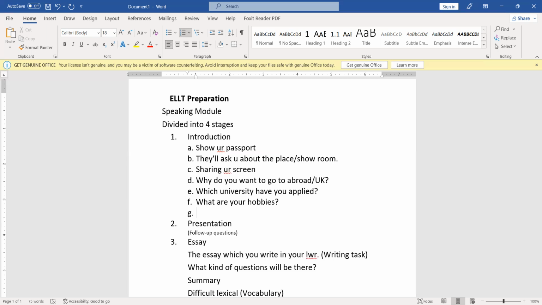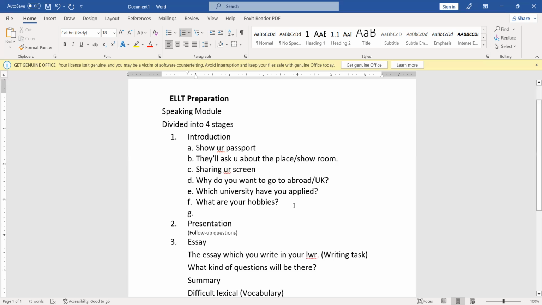Because while you're applying for the IELTS or Oxford test, they also ask you about the university, about the offer letter, and about the number which is written on the offer letter.